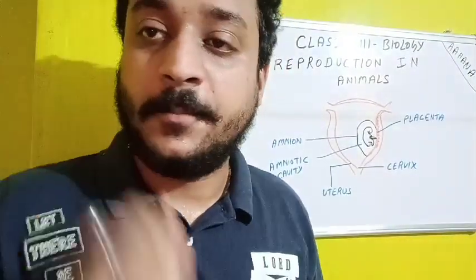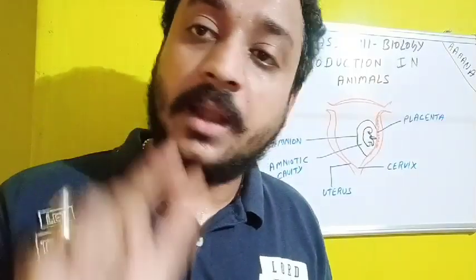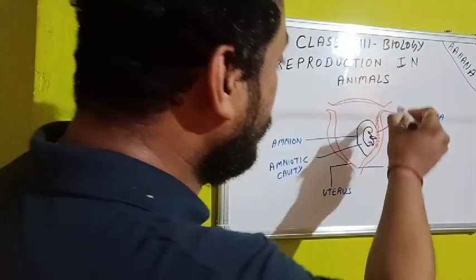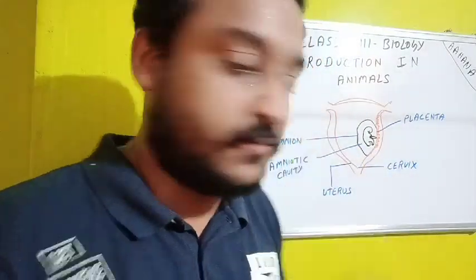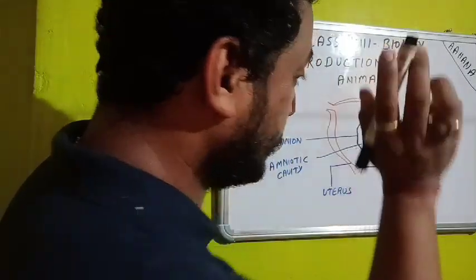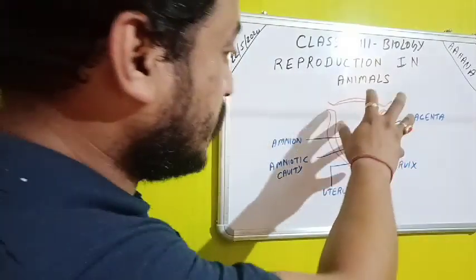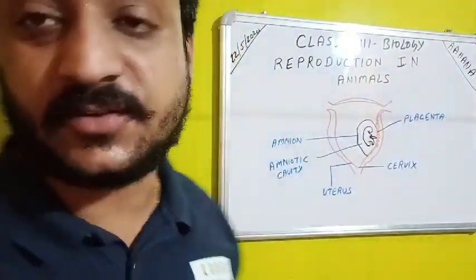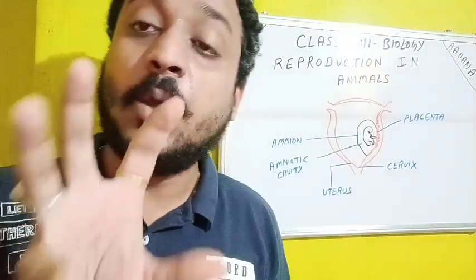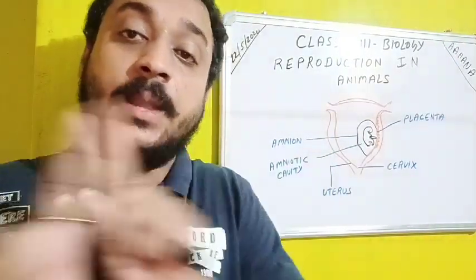That mass of cells will slowly move from the fallopian tube, dig a bit, and implant itself on the wall of the uterus, either towards the right side or the left side. Any side it can, but it needs the wall for support. If there is no wall, then no support.